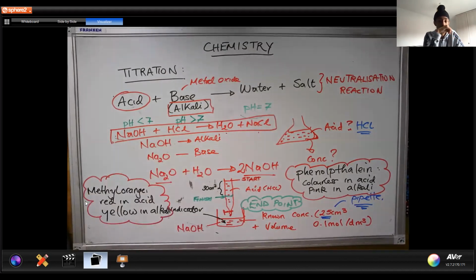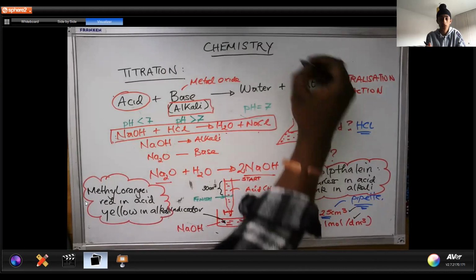Good. Now I ask myself, well, how many moles of sodium hydroxide did I have? I know it's 25 centimeter cubed, and I know the concentration is 0.1 per decimeter cubed. Can I calculate the number of moles of the sodium hydroxide that I had in this solution? Yeah, you can do the concentration equation, which is good.